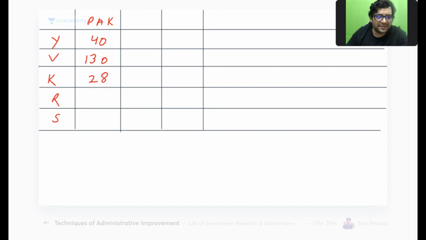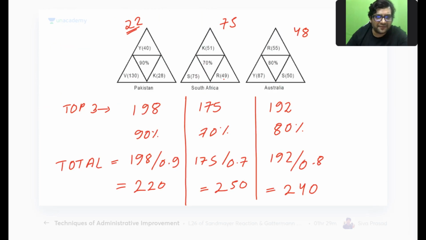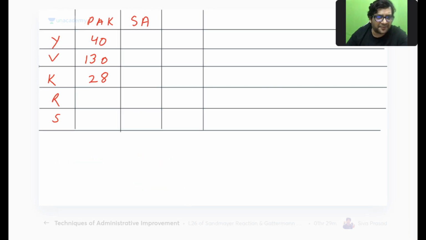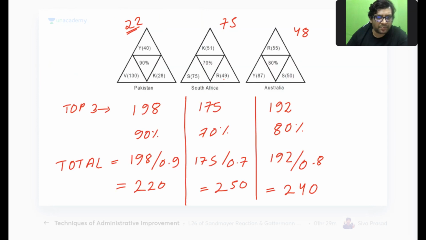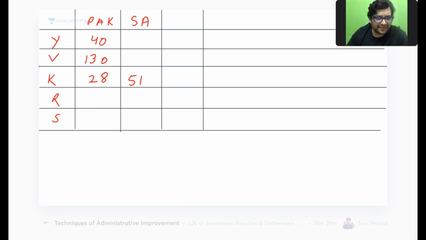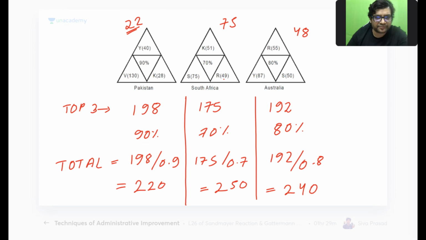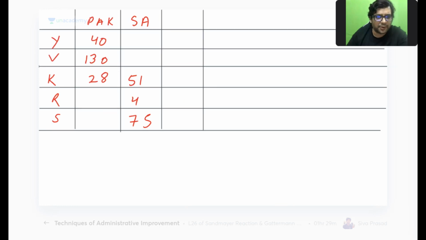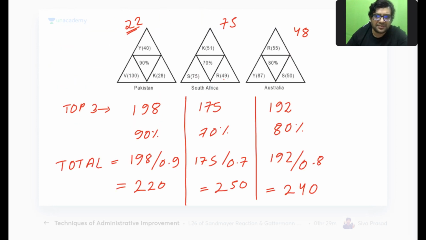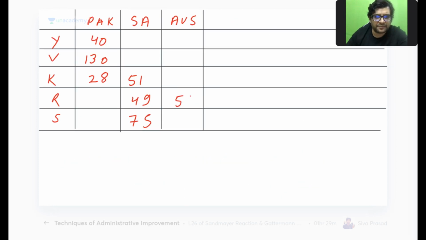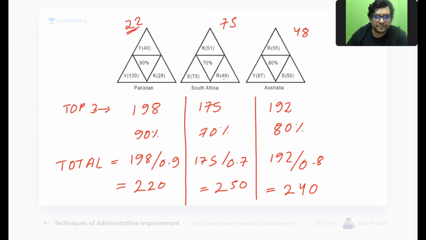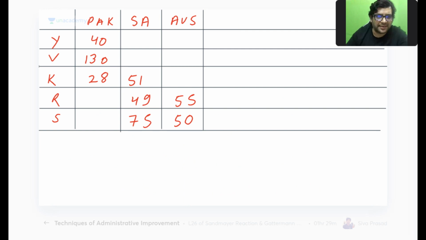Against South Africa, K is 51, Saurav is 75, R is 49. And against Australia, R is 55, S is 50, and Y is 87.